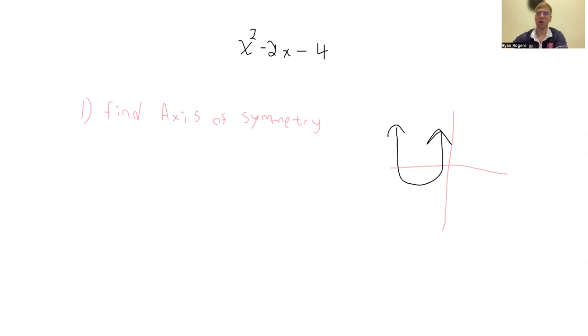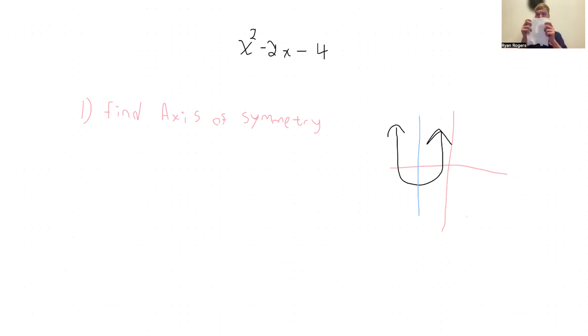If I were to fold this quadratic graph in half right down the middle, it would be the same on one side and the same on the other. Kind of like this napkin right here.